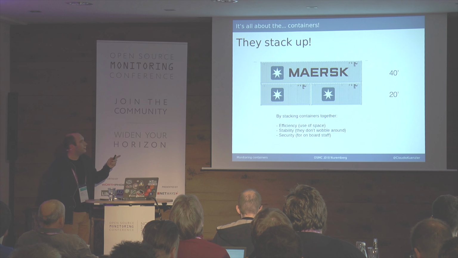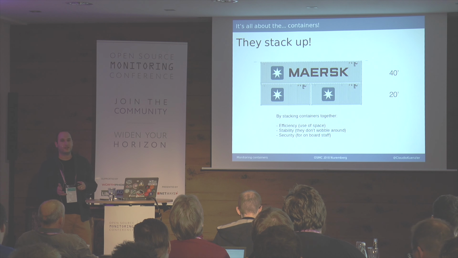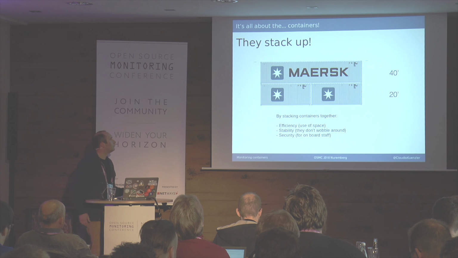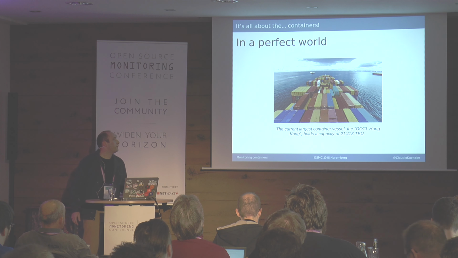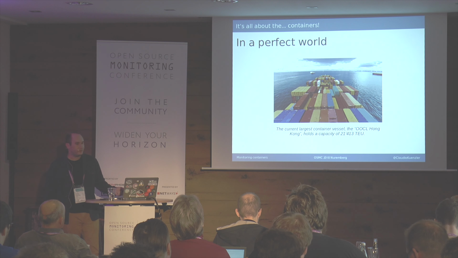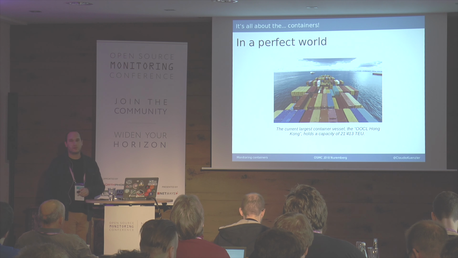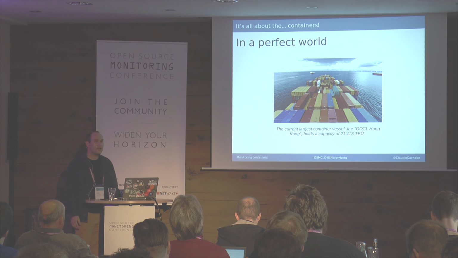Comparing this to our technical world, when we stack containers, we will talk about redundancy and scalability. So in a perfect world, the vessel ships out with a couple of thousand containers, and there's not a storm. There are never high waves.